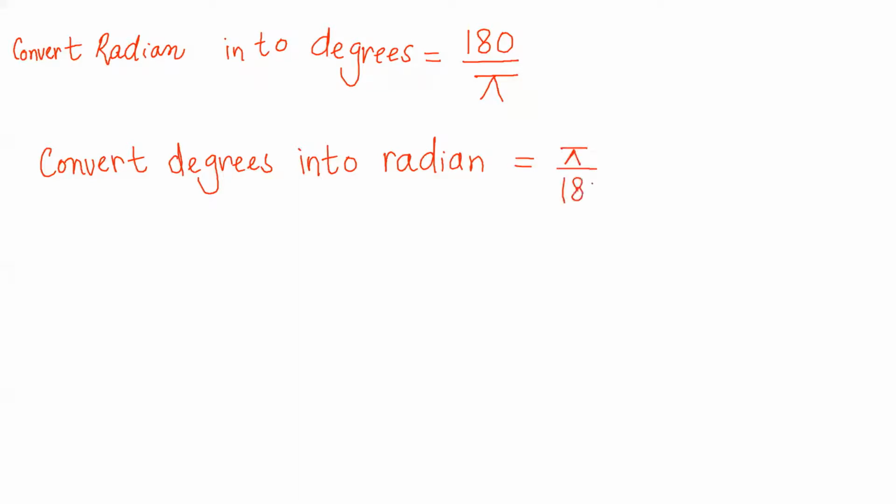So when you have to convert radian into degrees, you have to multiply by 180 upon pi, so the answer will be in degrees. And if you have to convert degrees into radian, for example if you have 2 degrees, you have to multiply 2 degrees with pi by 180. So you will get your theta in radian. So this is the way to convert degrees into radian or radian into degrees, and vice versa.